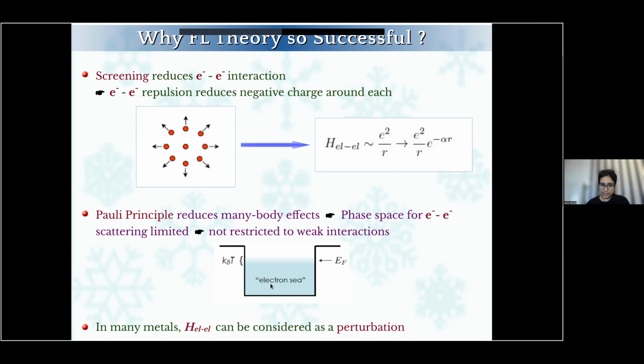So if we try to excite an electron deep down from the Fermi sea to outside, it will cost a lot of energy. So that kind of scattering will not be applicable at low energy. The phase space restriction argument is not restricted to weak interactions alone, and it helps to reduce the many-body effects. Hence, we find that in many metals, electron-electron interaction can indeed be considered as a perturbation.